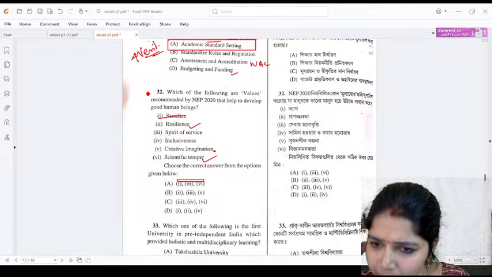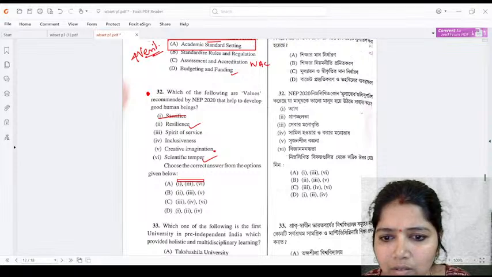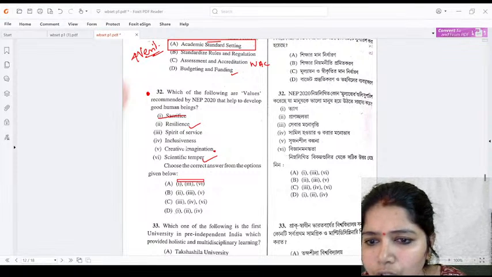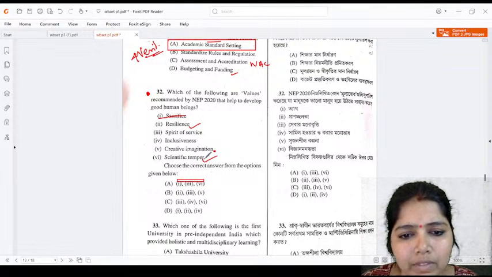Definitely scientific temper will be there.